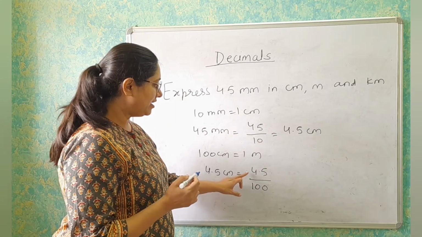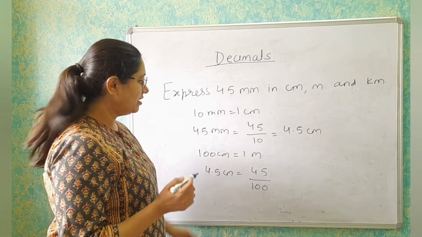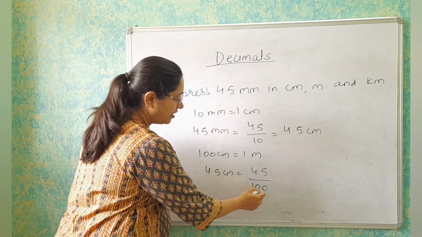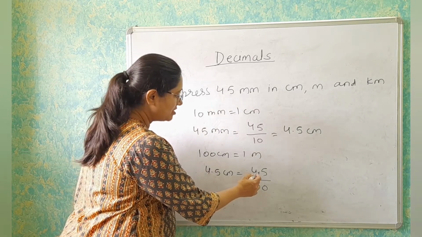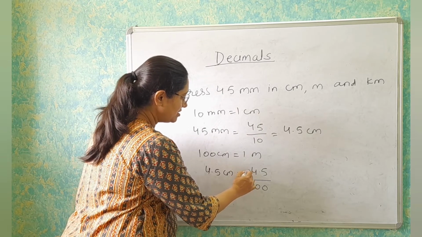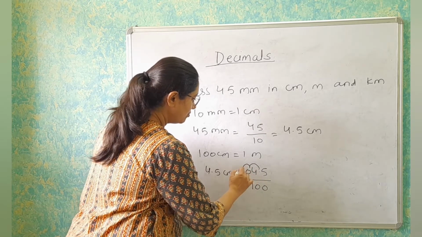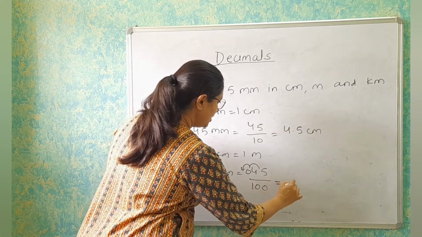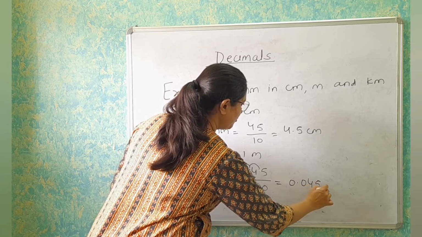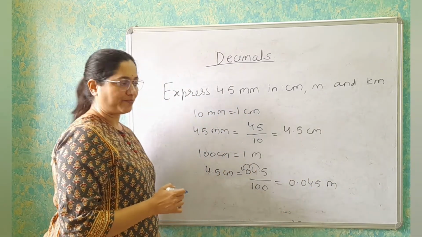Again we are dividing a decimal number by 100. So our answer will be smaller and the decimal point will shift to the left hand side. There are 2 zeros in 100. So the decimal point will shift to 2 places. This is one place. I can put one more zero. 1 and 2. So the answer is 0.045 and this time it will become meter.